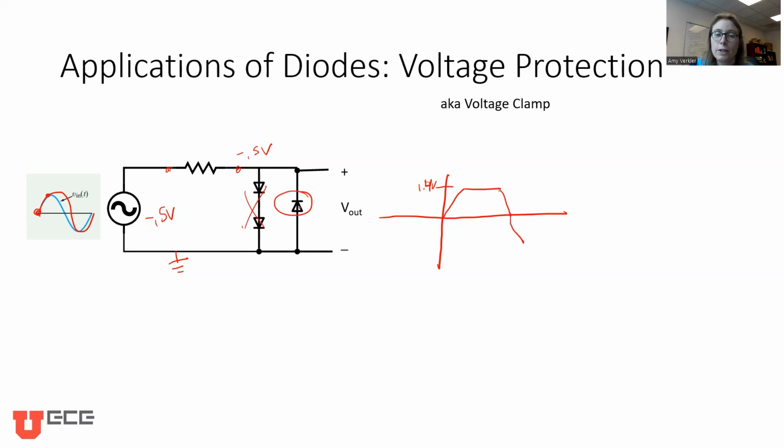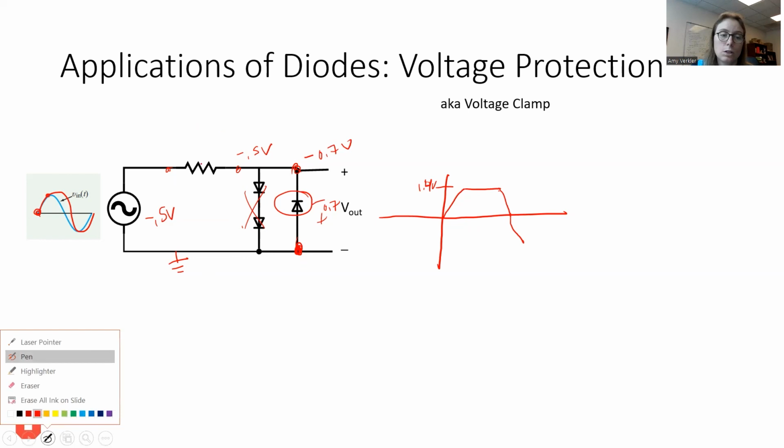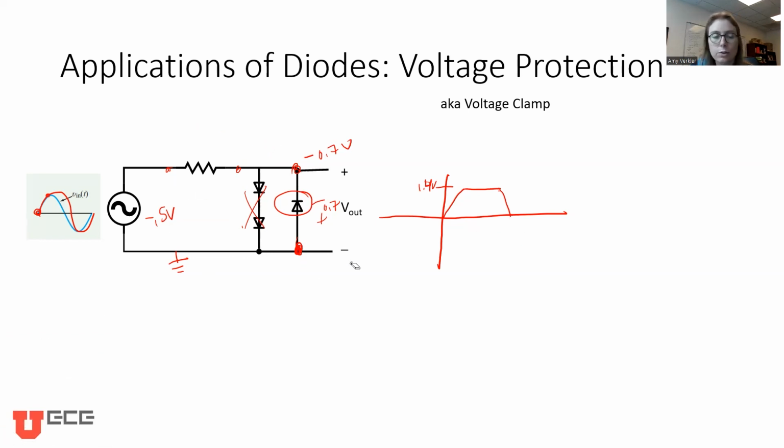And then when we get to negative 0.7 volts, then this diode should turn on. And once that diode turns on, it's going to clamp this voltage here to be plus minus 0.7. So that means it's going to be sitting at negative 0.7 volts. So let's actually make our picture a little more proportional over here.